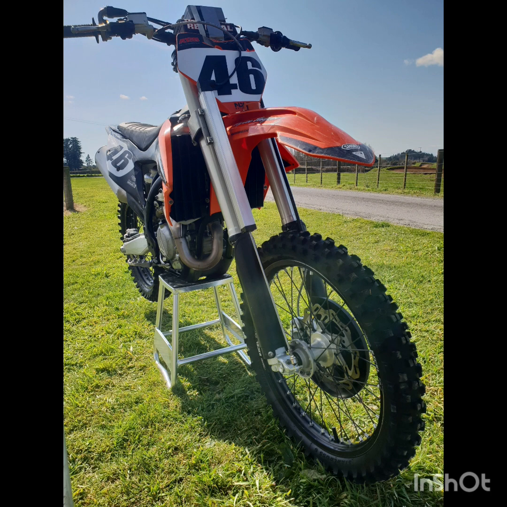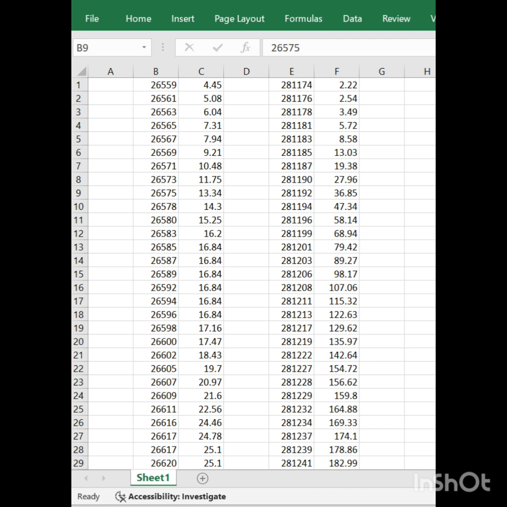Coming up, we'll have some raw numbers. The larger numbers represent the time in milliseconds, so it keeps a tally of the time. The smaller numbers represent the displacement in millimeters. This is for the same event for two different fork configurations.